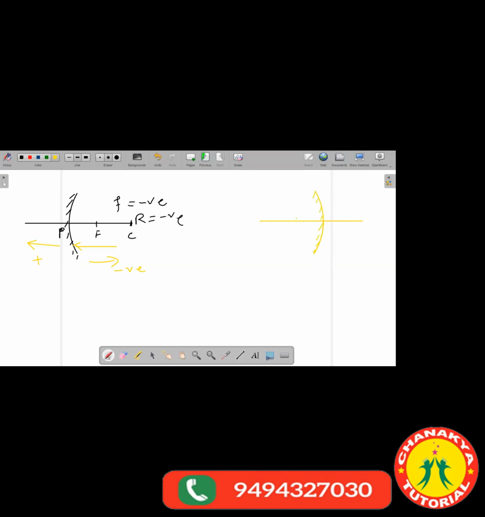So for the convex mirror, we will find our focal length will be positive. The center of curvature will also be positive, as now the direction of incident light is like this. The measurements in the direction of incident light will be positive. These measurements will be negative.